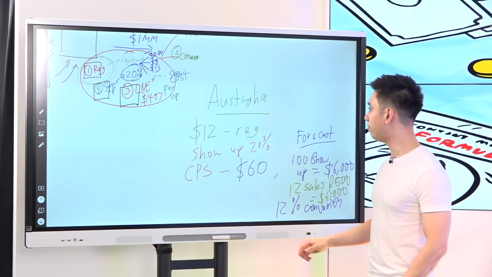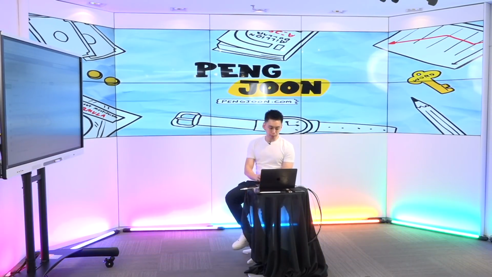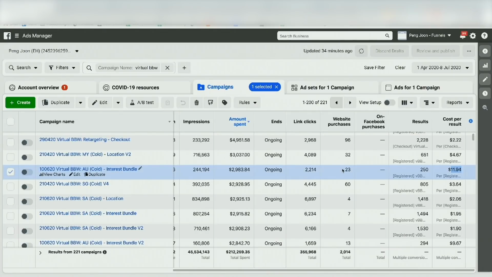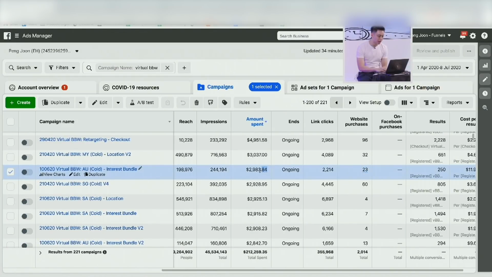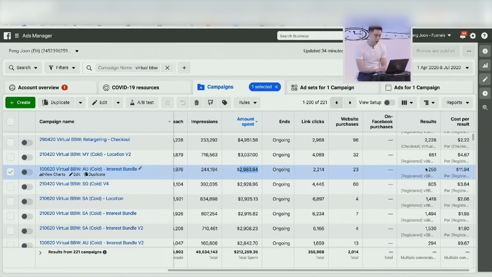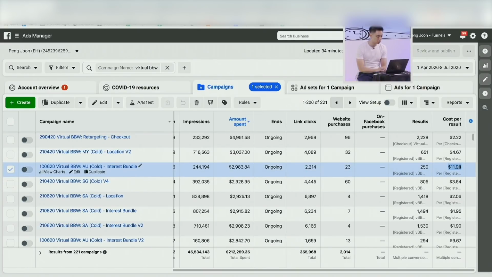And you can see, evidently, because now we are tracking on every step of the sales process, take a look at this. I can see that from here, because I'm also tracking my website purchases. I have spent $3,000 on this campaign that targets this interest in Australia. I can tell that 250 people registered. I can tell that it cost me $12 per registrant.